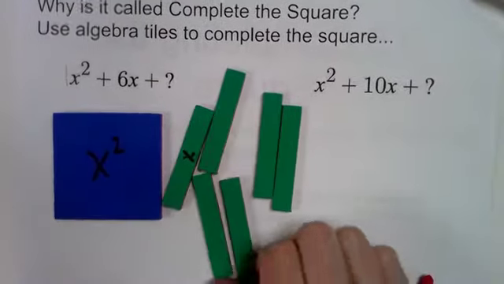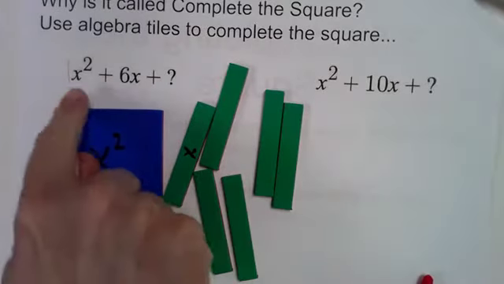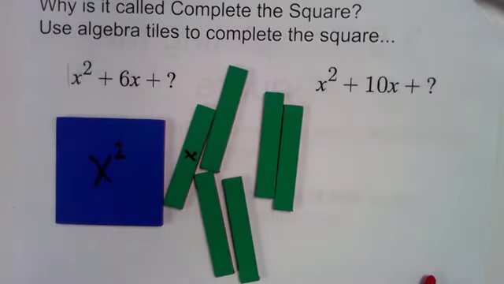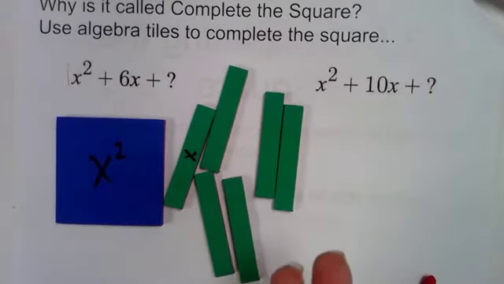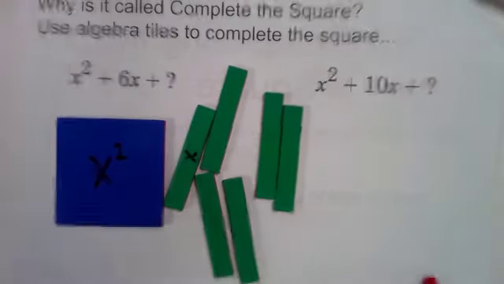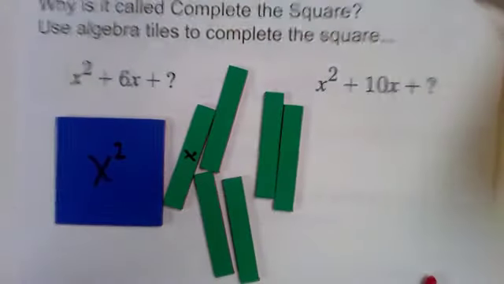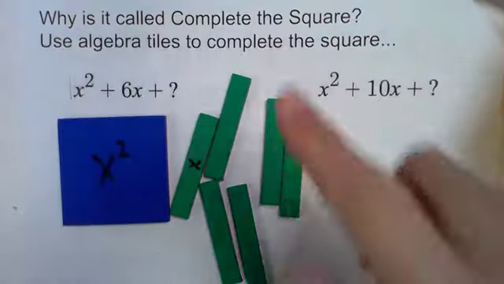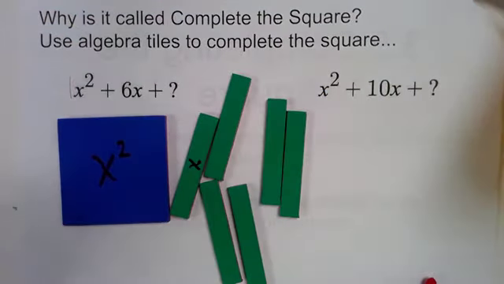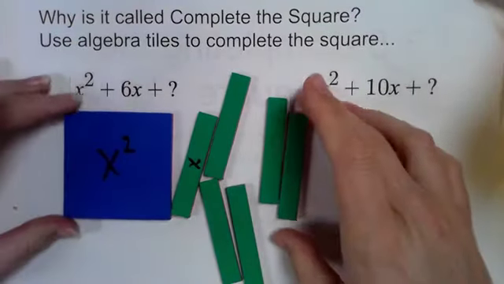So this is this expression in algebra tile language. Kind of interesting, right? When we're completing the square, our job is to create a square. So I need to rearrange these pieces.